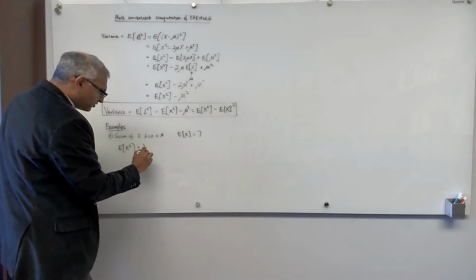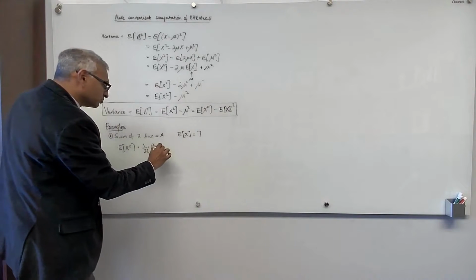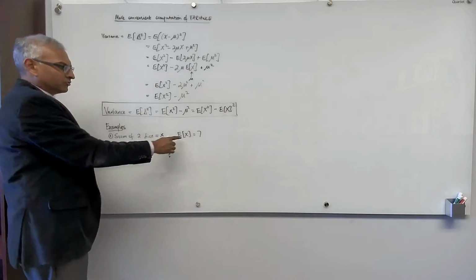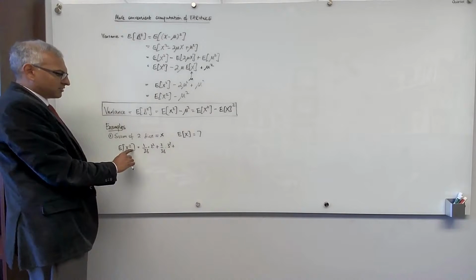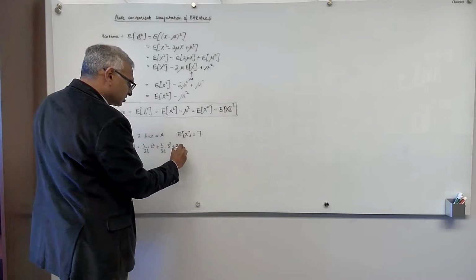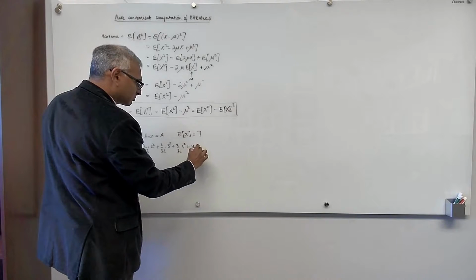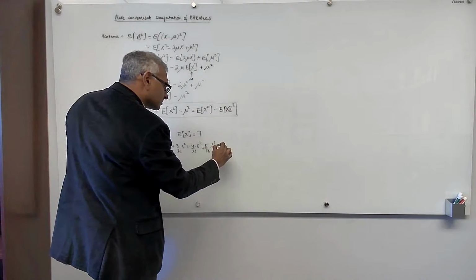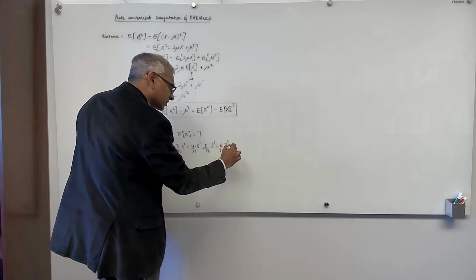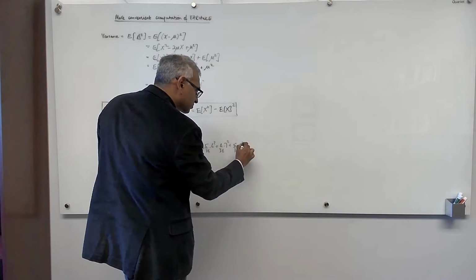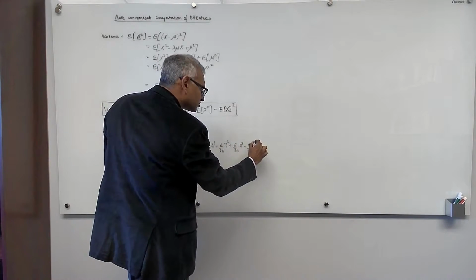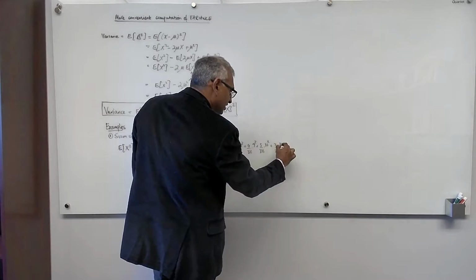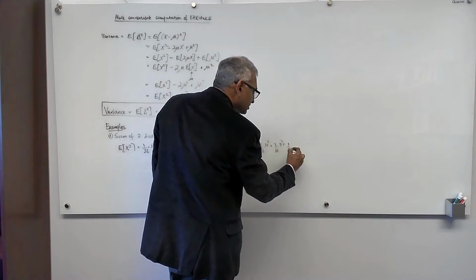So this is equal to 1 over 36 times 2 squared, because that's the possible value 2 for the random variable and we're computing the square, plus 2 over 36 times 3 squared, plus 3 over 36 times 4 squared, plus 4 over 36 times 5 squared, plus 5 over 36 times 6 squared, plus 6 over 36 times 7 squared, plus 5 over 36 times 8 squared, plus 4 over 36 times 9 squared, plus 3 over 36 times 10 squared, plus 2 over 36 times 11 squared, plus 1 over 36 times 12 squared.